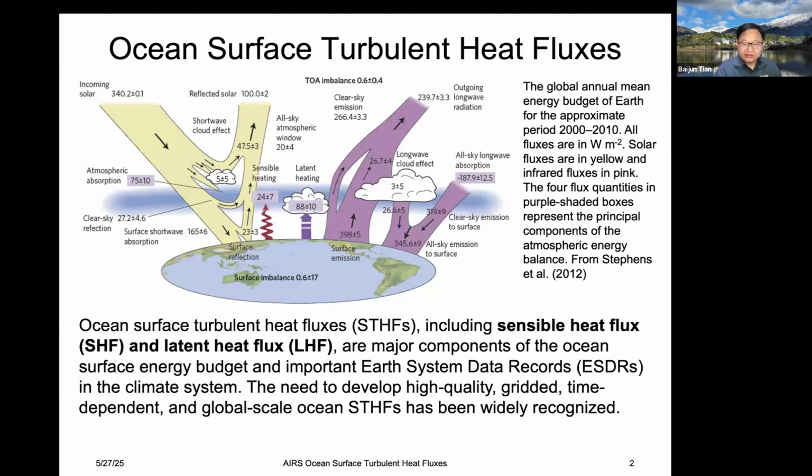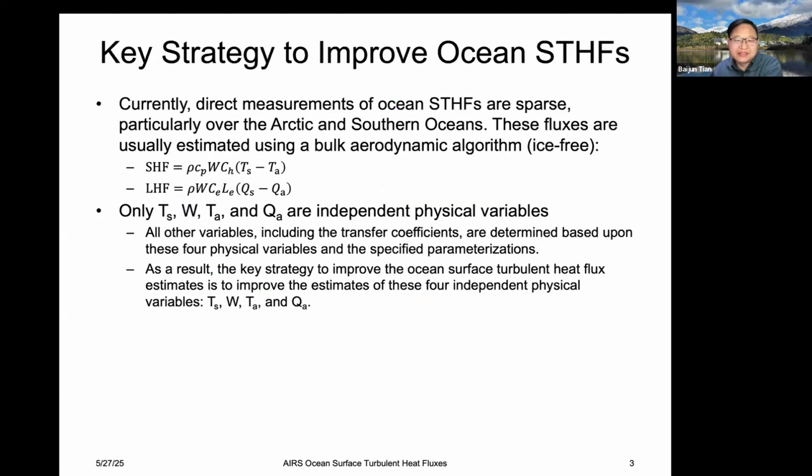A lot of effort, I think this group knows well, has been put in to develop high quality, gridded, time-dependent, global-scale ocean surface turbulent heat flux datasets. Unfortunately, direct measurement of the ocean surface turbulent heat flux is very sparse and limited, particularly in the Arctic and Southern oceans.